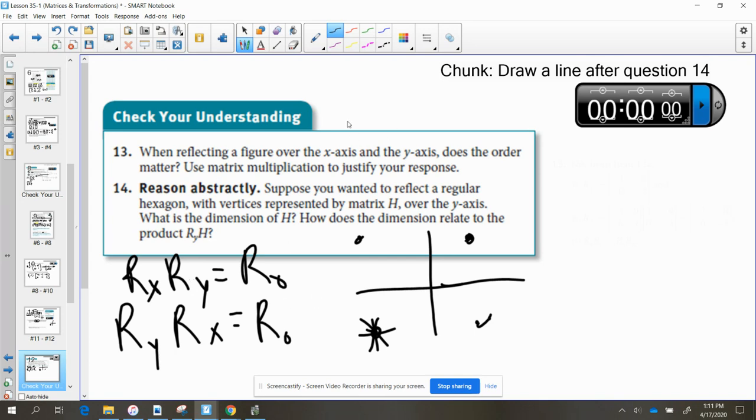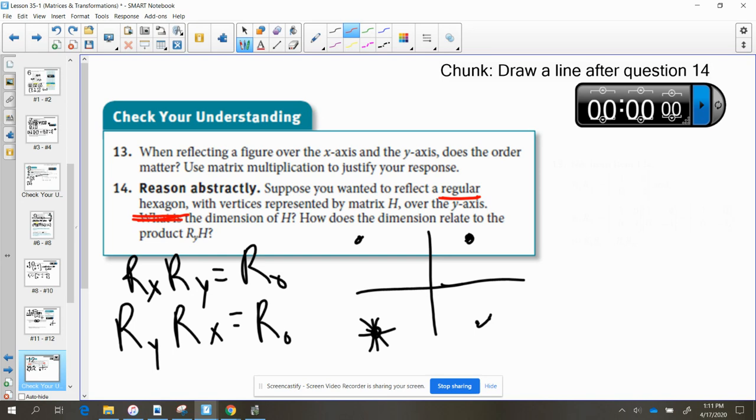And then moving back to number 13, when you're reflecting over the x-axis and the y-axis, oh, that was 13, my bad. 14 then is asking us if we were to talk about reflecting a regular hexagon, how would this affect things?